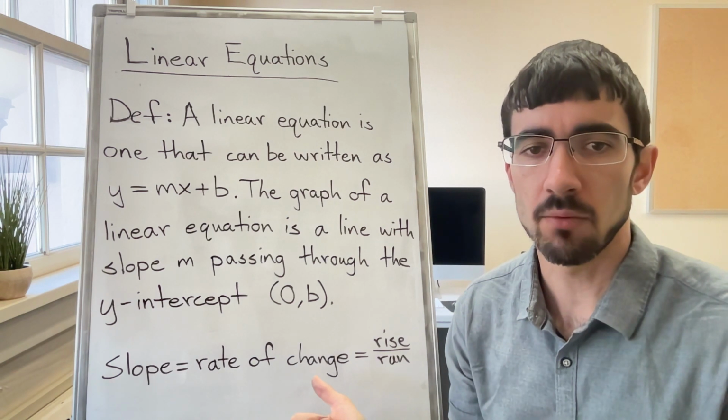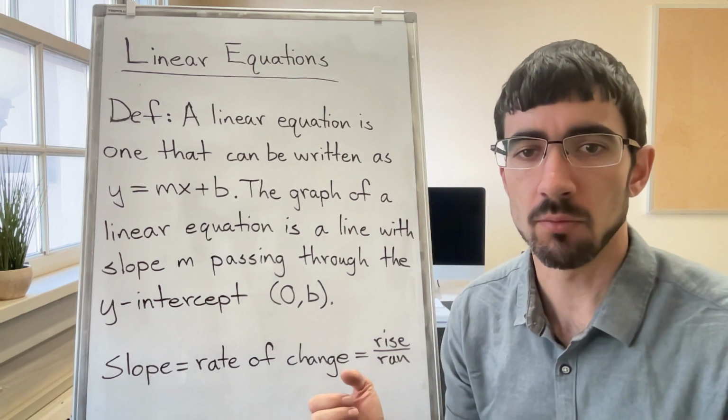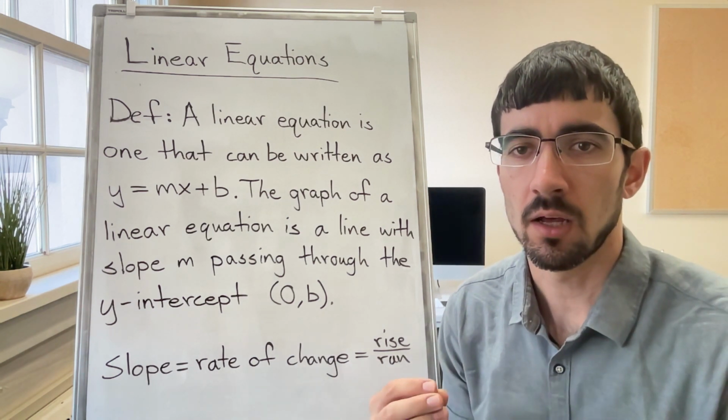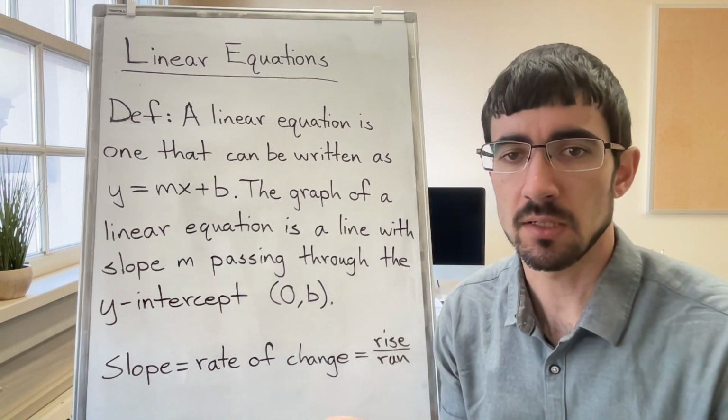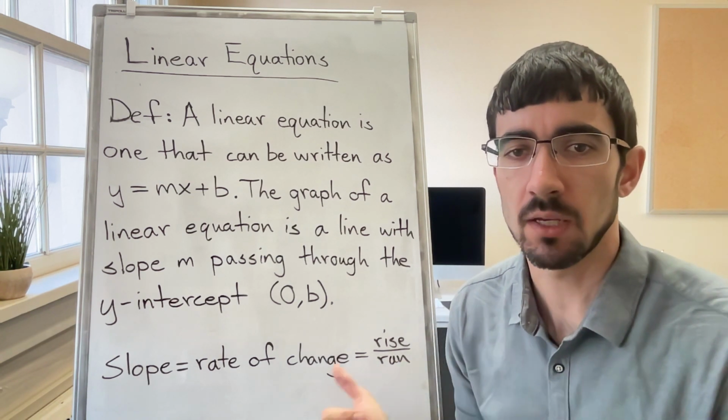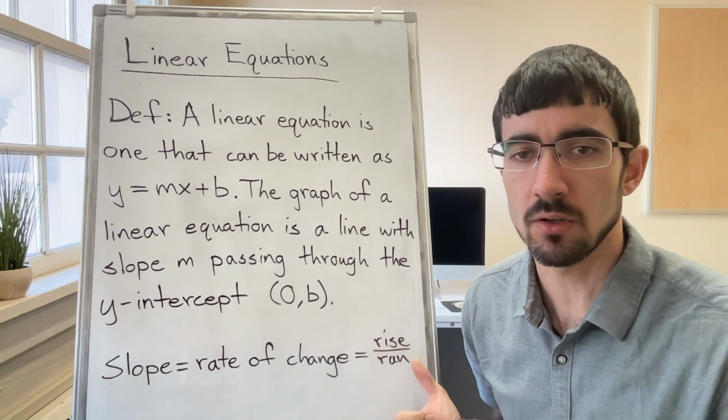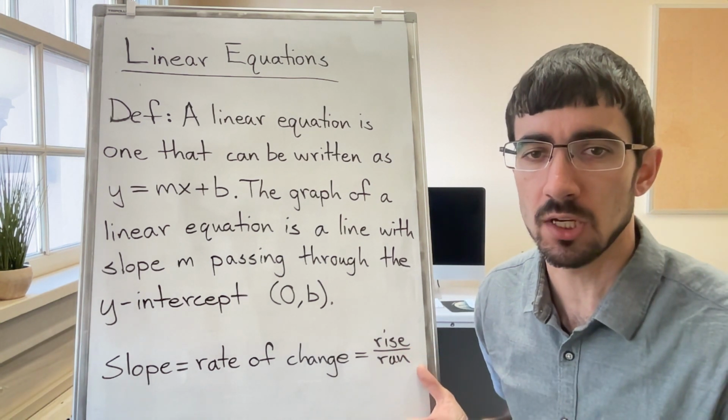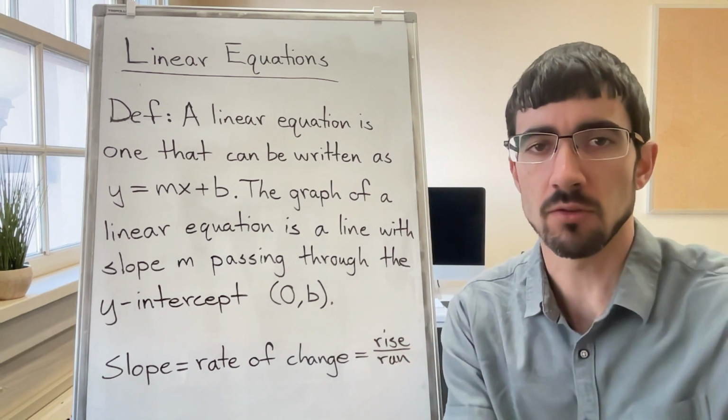I want to say just a little bit about slope. Slope is the rate of change of one variable with respect to the other. If you're looking at a graph, we can think of it as rise over run. It's the vertical change over the horizontal change.